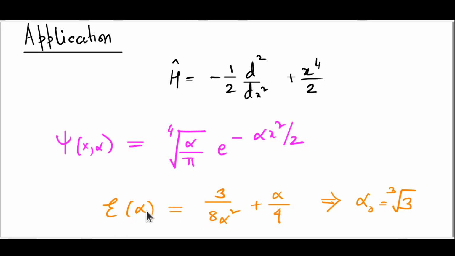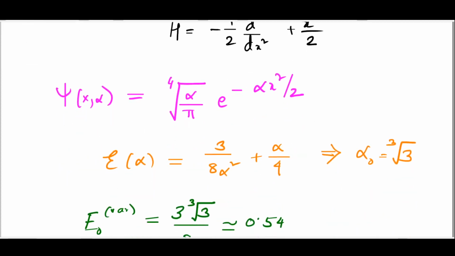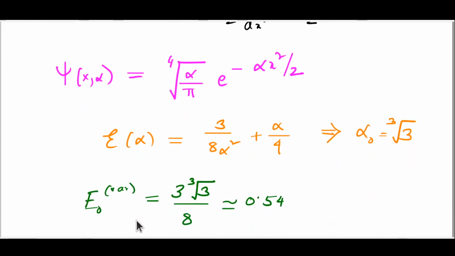The curly E of alpha, the expectation value of the energy, came out to be of this form, which was minimized for alpha given by alpha 0, which is the cube root of 3. And when you plug this in, you end up with this value for the variational estimate of the ground state energy. That's 3/8 of the cube root of 3, roughly 0.541. So this is something which we have already discussed in the last lecture.